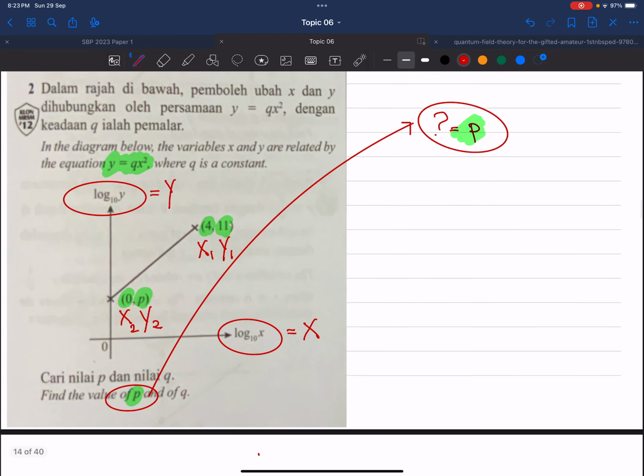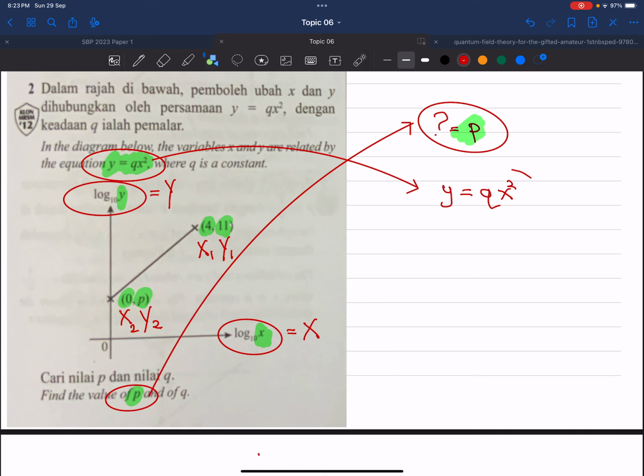So now, if you notice that the capital Y involves small y, capital X involves small x, and this small x and small y is related by the equation y equals qx squared. That means I'm going to start with the equation y equals qx squared.